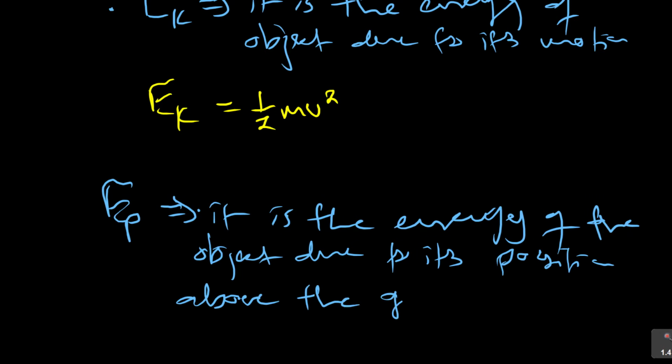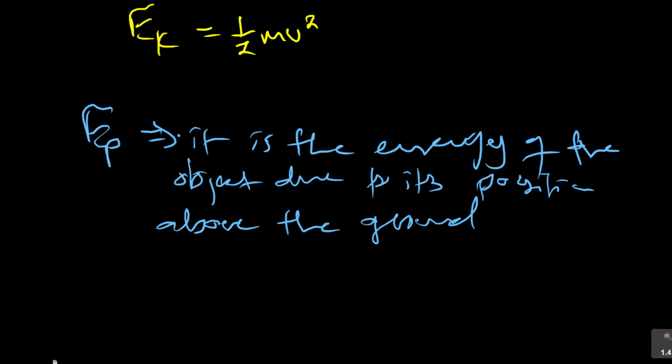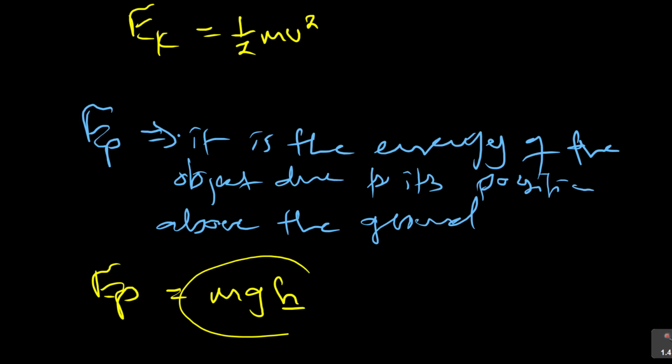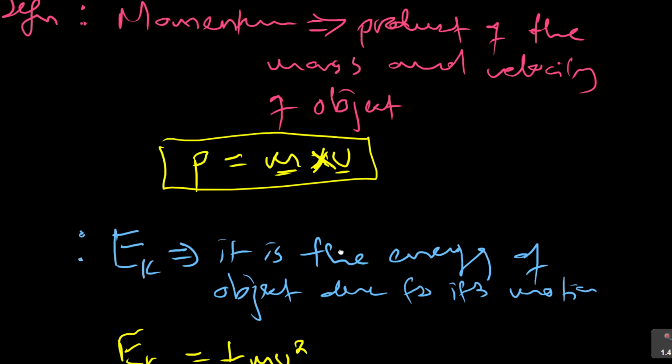So don't forget these definitions. And then when you come to the formula now of EP, we're saying EP is given as mgh, which is mass times gravity and then times height. This is the height above the ground. I will explain what it means, especially when it comes to this. So as I'm saying, I'm just laying a few things here on the definition.